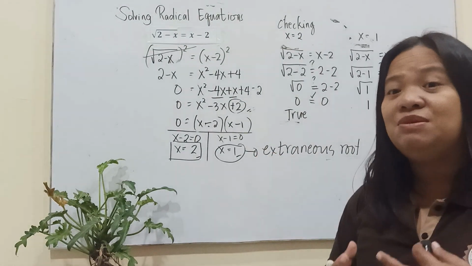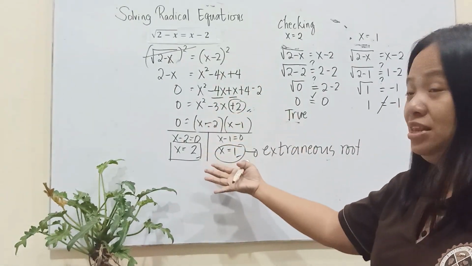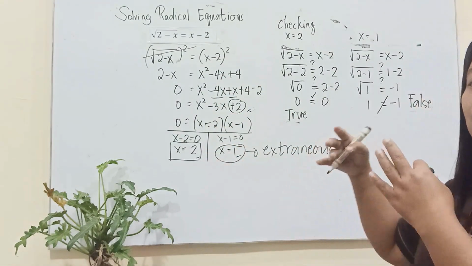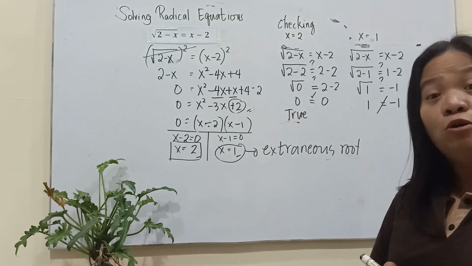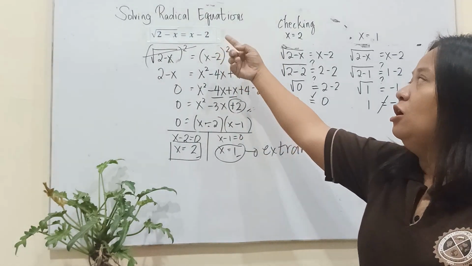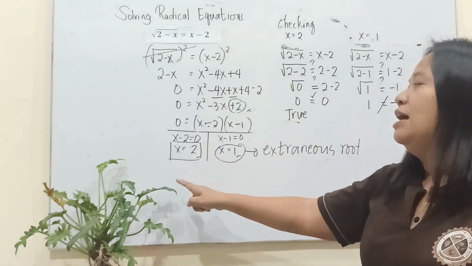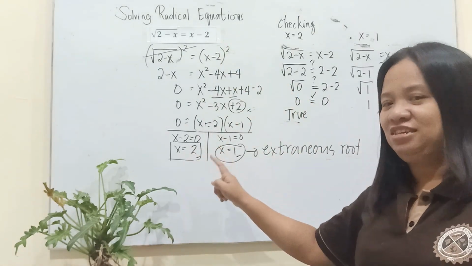This root may seem right when we solve it here, but when it is substituted to the original equation, it makes a false statement. So the only solution to our given radical equation is 2. x is equal to 2.